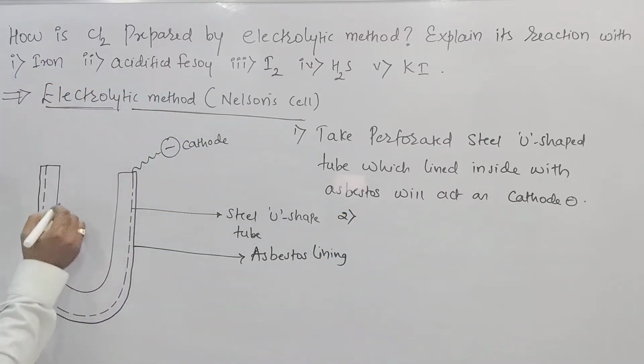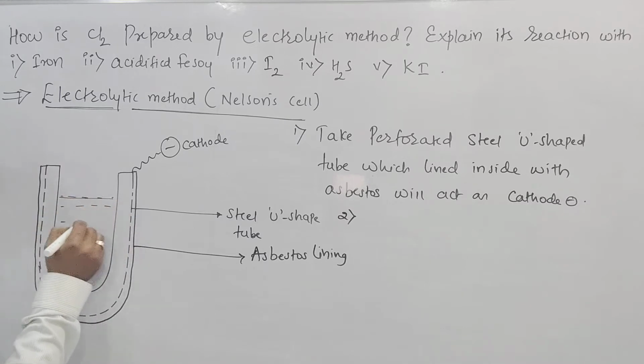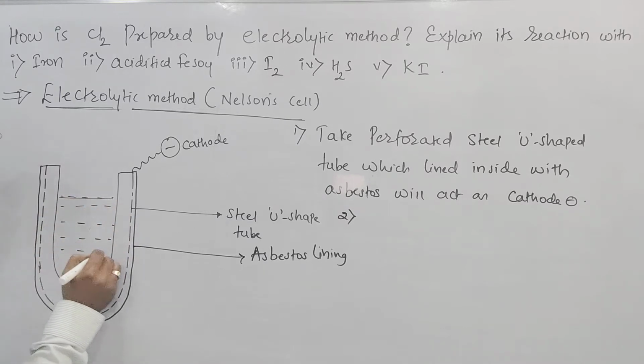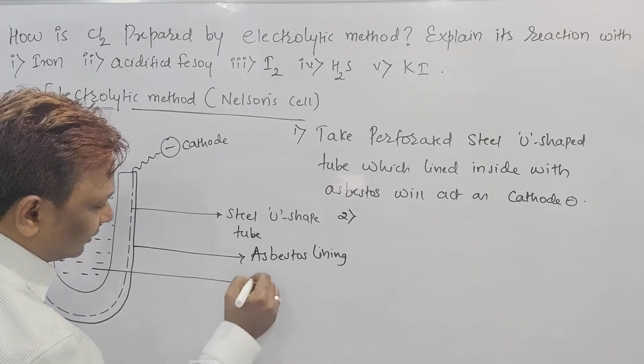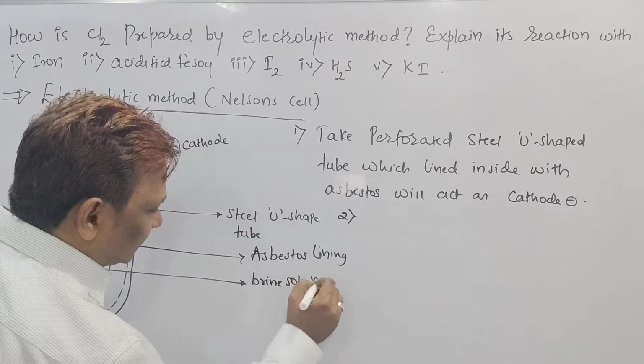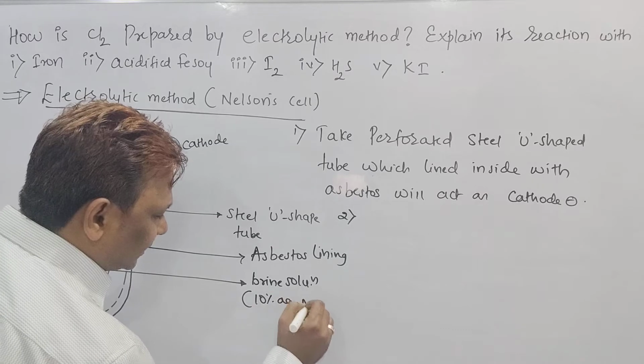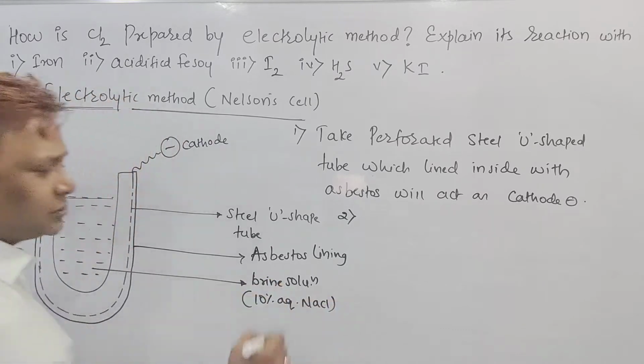Second one: this tube is filled with a brine solution. In this I took a solution, and that solution is called a brine solution. What is the brine solution? It is an aqueous 10% NaCl solution.